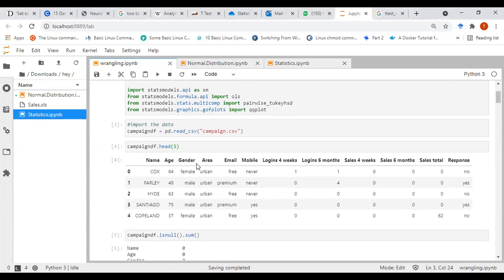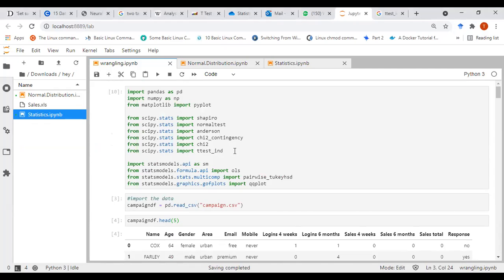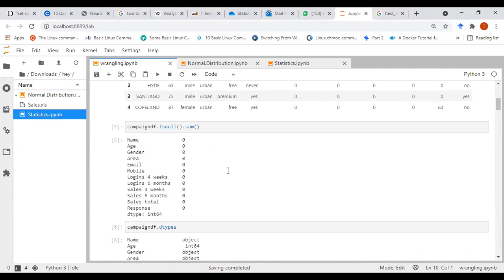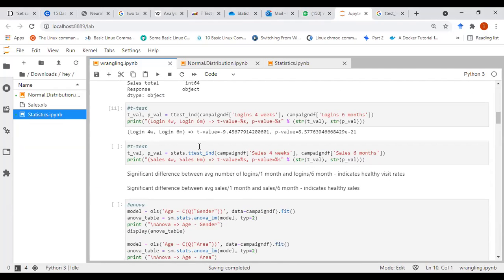Okay, so here what we did was that we just import this test separately from scipy.stats, so you can now use it directly as a function. Now what it is telling you, what is the p-value?